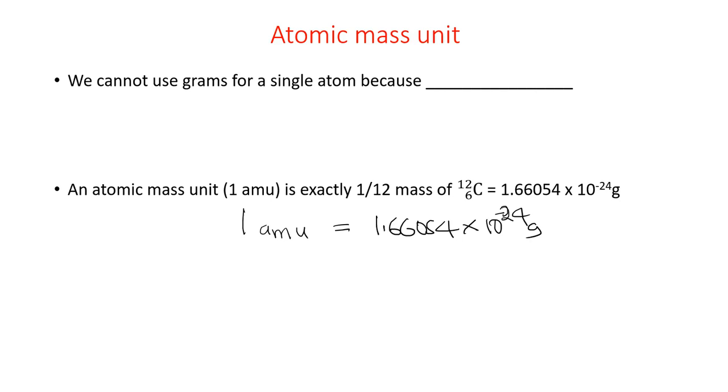This mass is usually given based on a standard. That is, the standard is carbon 12. But we are not going to focus on that. We just need to know that one atomic mass unit is this value in grams.